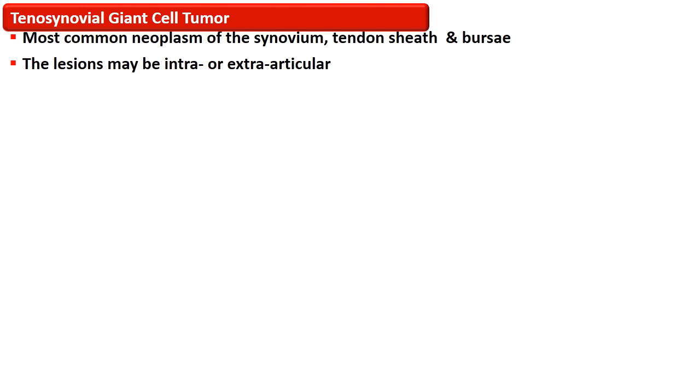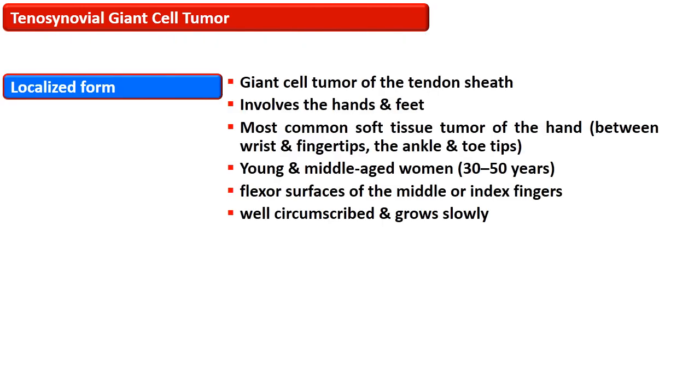The tenosynovial giant cell tumor is the most common neoplasm of the synovium, tendon sheath, and bursae. This lesion may be intra-articular or extra-articular, and it occurs in two forms, a localized form and a diffuse form. The localized form is also termed giant cell tumor of the tendon sheath, and it involves the hand and feet.